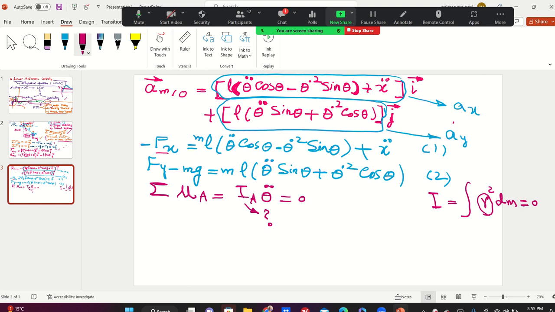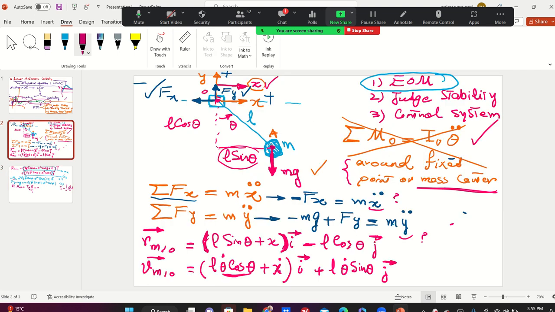So this side is 0 for the particle pendulum. So now it says the sum of the moments around point A is 0. Now let's go back to our glorious problem. Guys, does mg generate any moment around point A? Why? Because it's passing through point A, that's right?